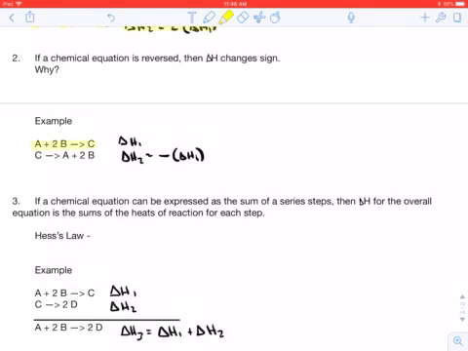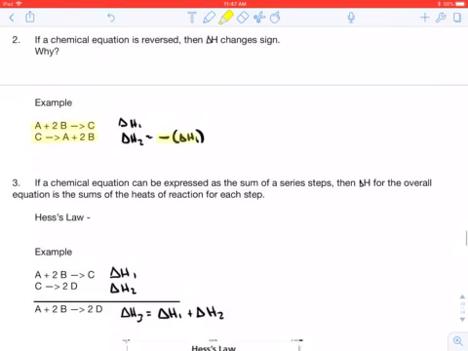We've got A plus 2B going to C. Then if we flip it, we get C going to 2A plus B. That makes sense because if we're going in the forward direction, we've got a delta H, but if we go back that same exact direction, delta H will just be the opposite of that. It's kind of like Newton's laws of physics, where for every action there's an equal and opposite reaction. So if we flip a reaction, we flip the sign.